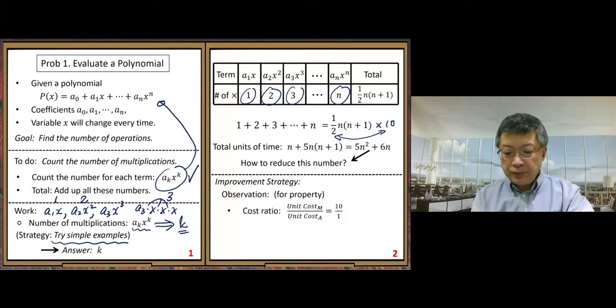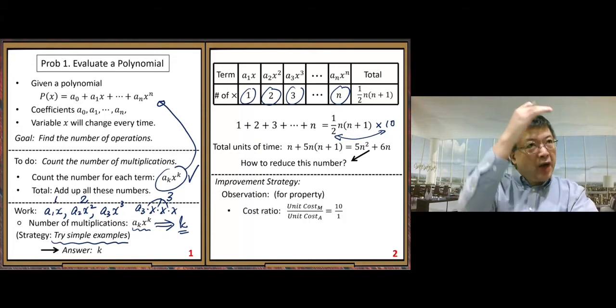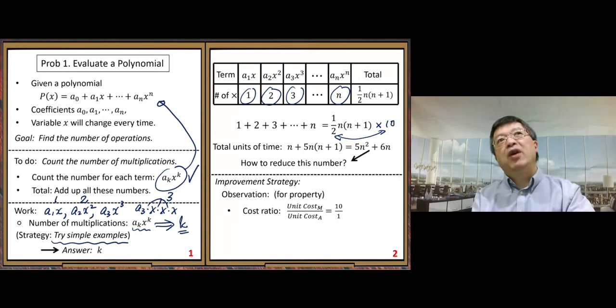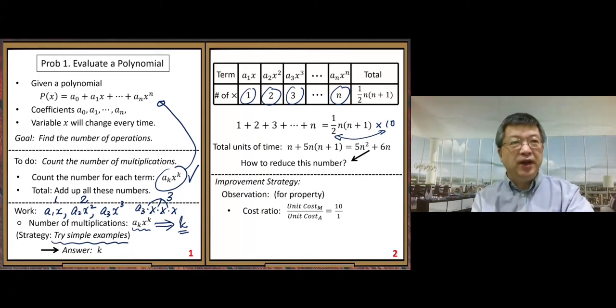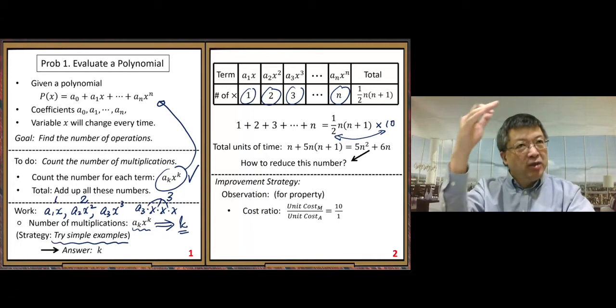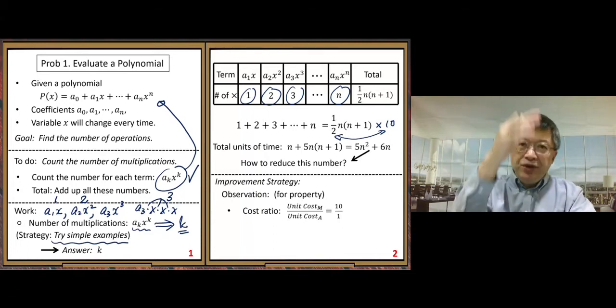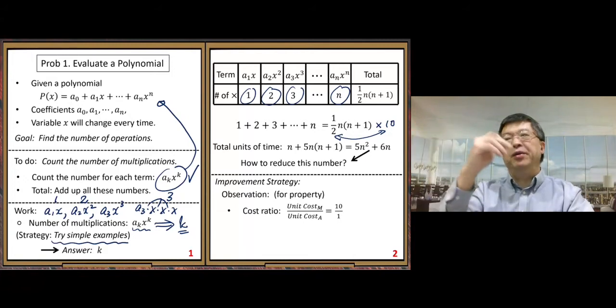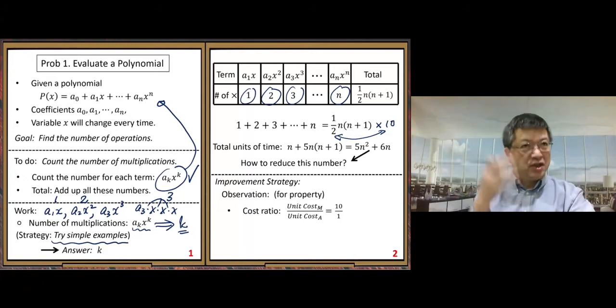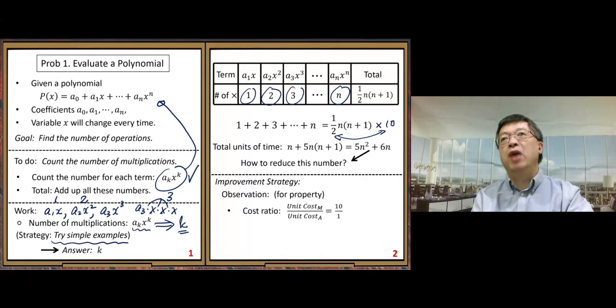All right. Cost ratio. In our observation, we look at this quantity, cost ratio number. What's that? Unit cost for multiplication over unit cost for addition equals 10:1 ratio. That's an important property we have in our observation. Okay?